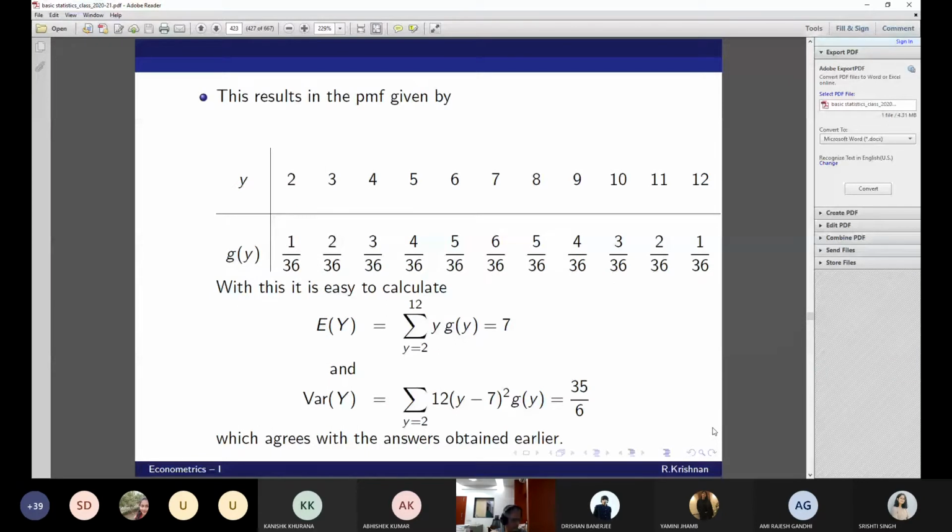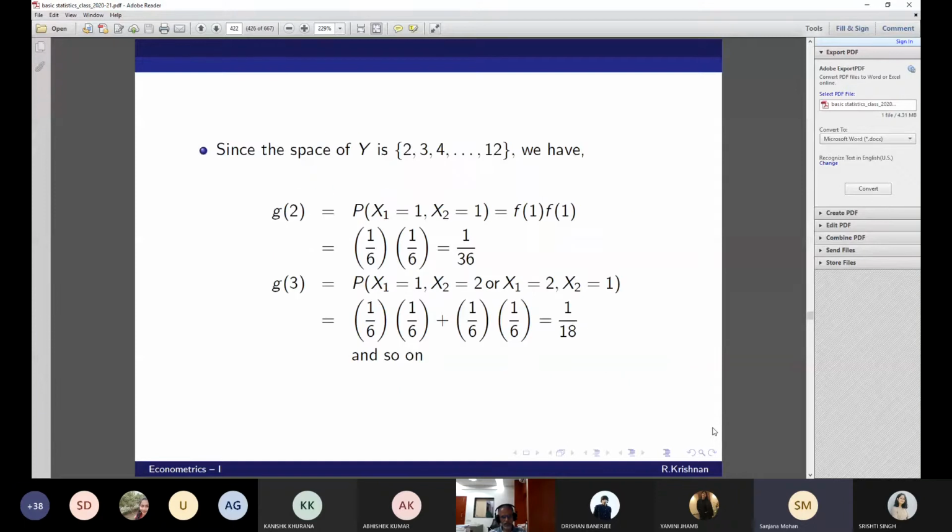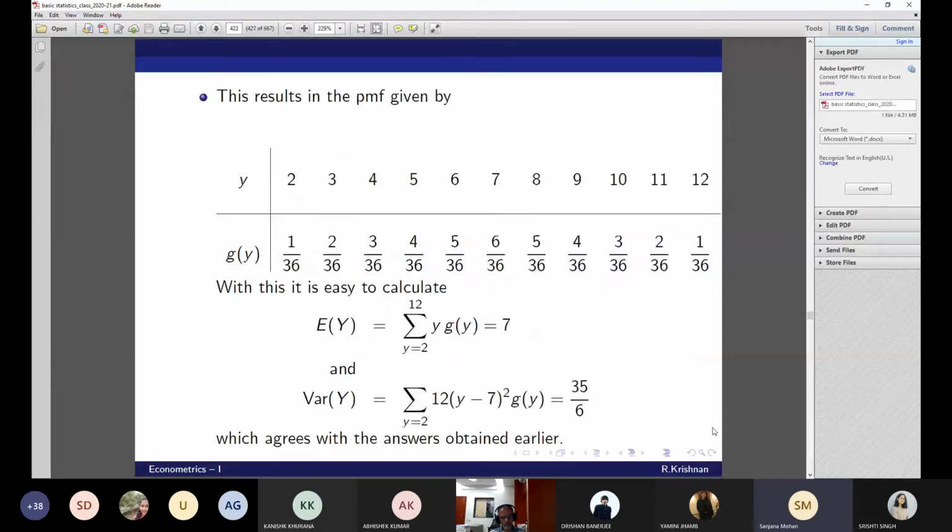Sir, in the variance of y, y is written 12 times y minus 7 square. Yes, it's the next slide. Where is this, the variance? Here, sir, variance of y, and it's 12 into y minus 7 square. Okay, this 12 should go up actually.